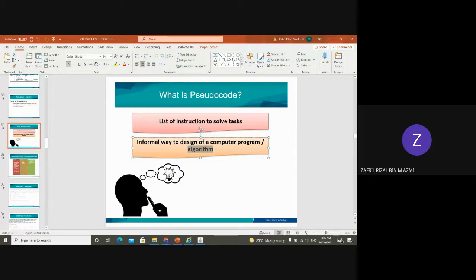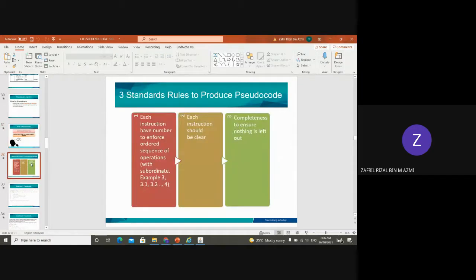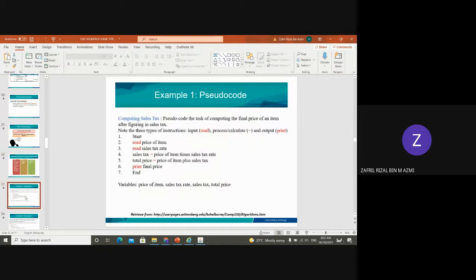Just remember this: pseudocode informal, algorithm formal. But in terms of the standard way to construct, it is merely similar for pseudocode and algorithm. This is an example of pseudocode.